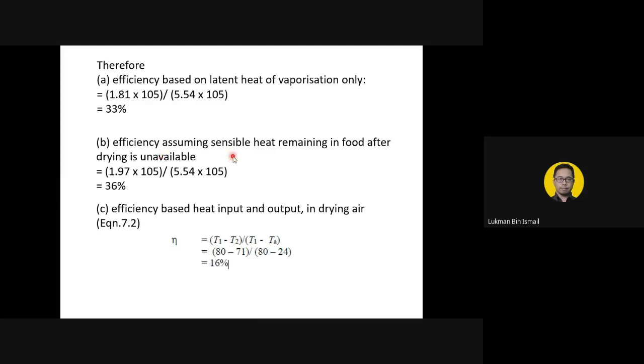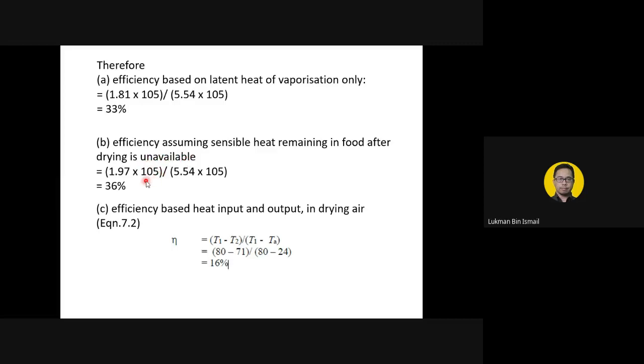B, efficiency assuming sensible heat remaining in food after drying is unavailable. If you don't have the sensible heat remaining in food after drying, you can calculate it, but it's not available.